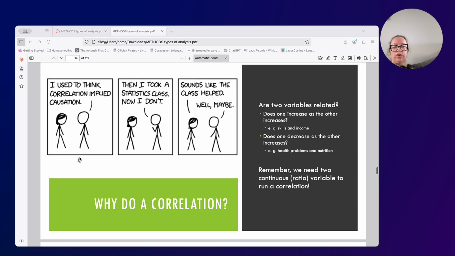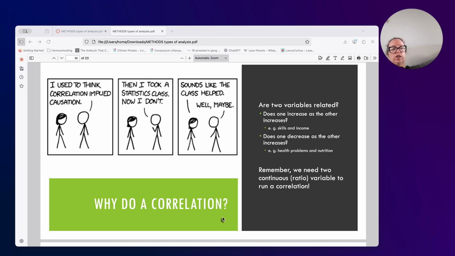So we ask if two variables are related. Correlation means co-relationship. It's right there in the word, right? We want to know if two variables are related. Does one rise as the other falls, or do they both rise together? Maybe we spend more time watching Netflix, we spend less time studying.